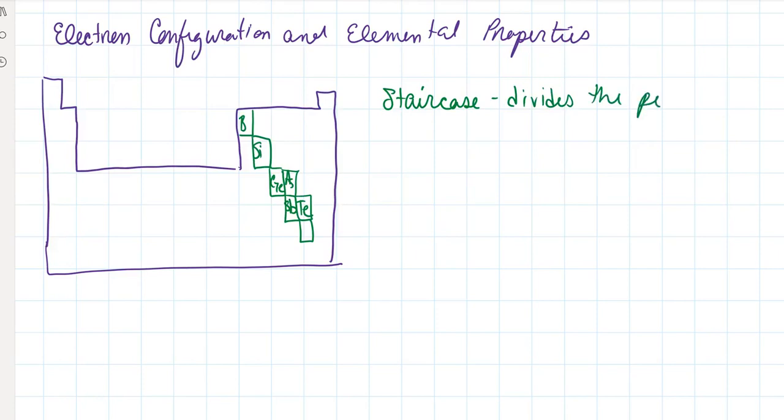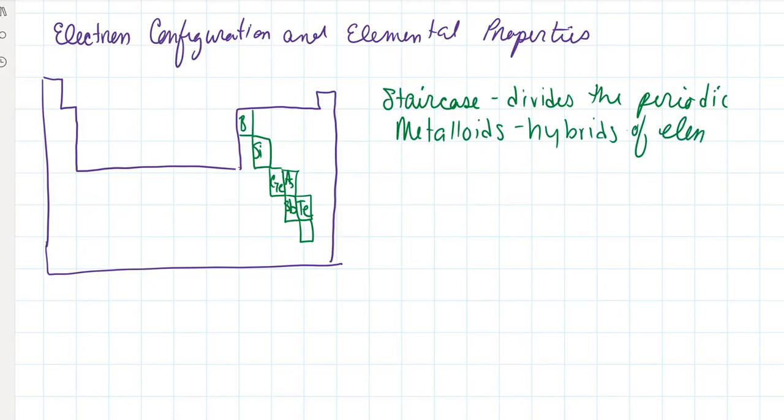And we'll come back to this in just a minute with the fact that this is called the metalloids. And that's because these are hybrids of elements on either side. And when I say hybrids, it means they have properties like the elements on the left side of the staircase and properties of the elements on the right side of the staircase. So anything in this region over here that I'm drawing in with these blue lines are called nonmetals.